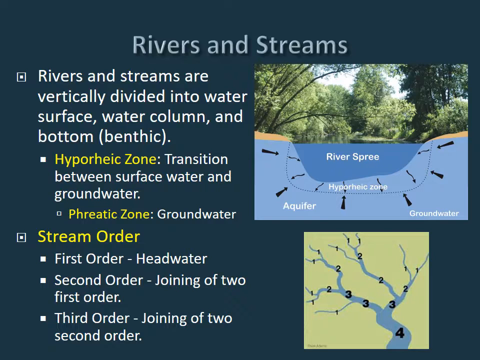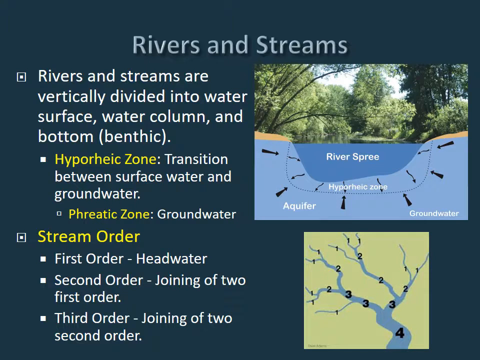And we classify streams using the terms first order, second order, and third order. And a first order is a headwater stream. A second order is where 2 first order streams come together. So you're getting typically a little bit bigger of a stream. And then a third order is where the second order rivers or streams come together, and so on and so forth.